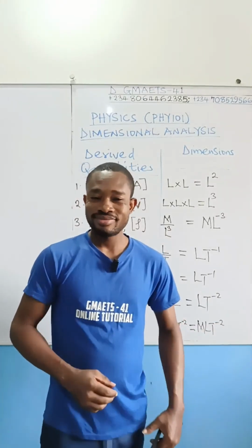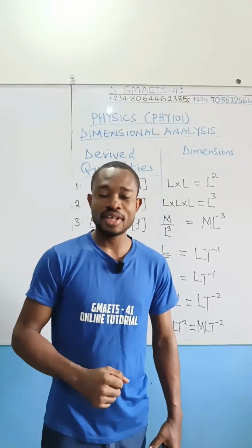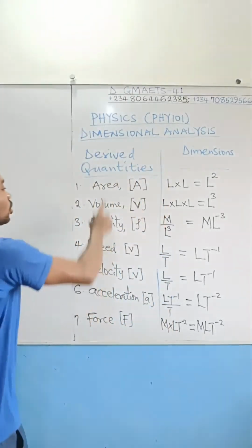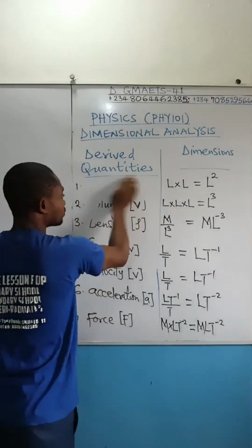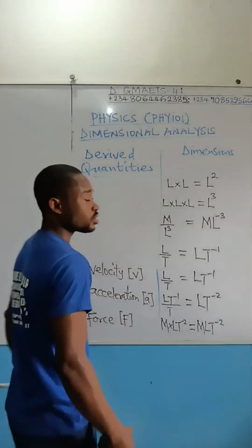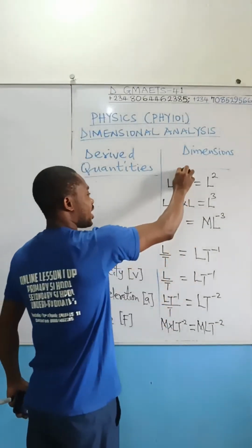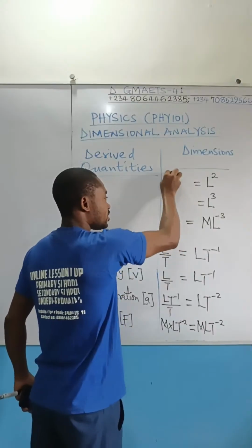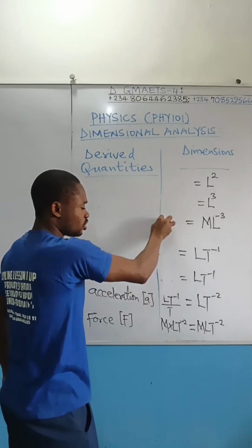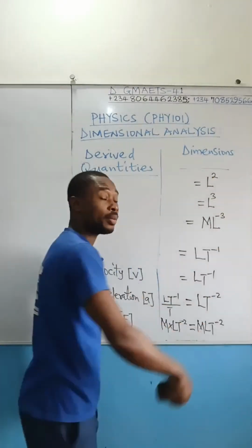We are moving, and I hope we are learning. Let us look at the dimension of work. Remember, like I said, you don't need all these derivations. Well, you need them because you need to understand how these dimensions came up.